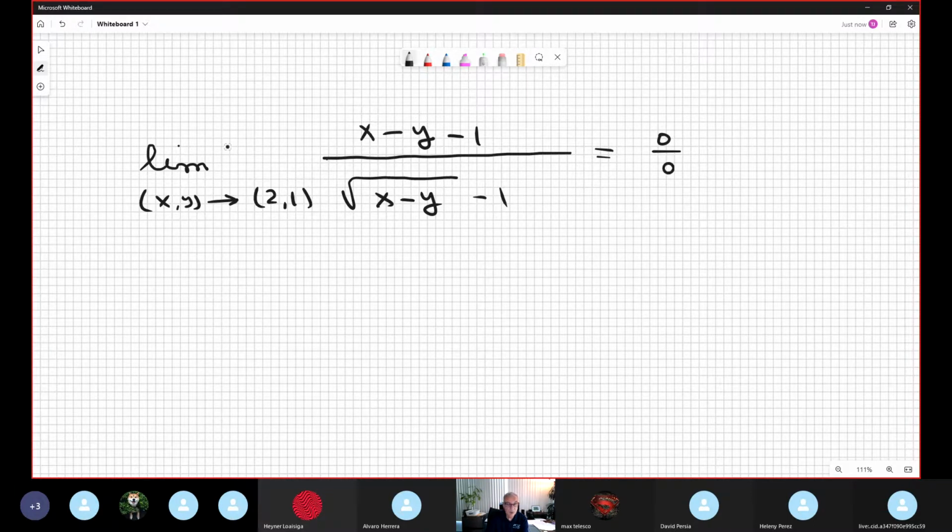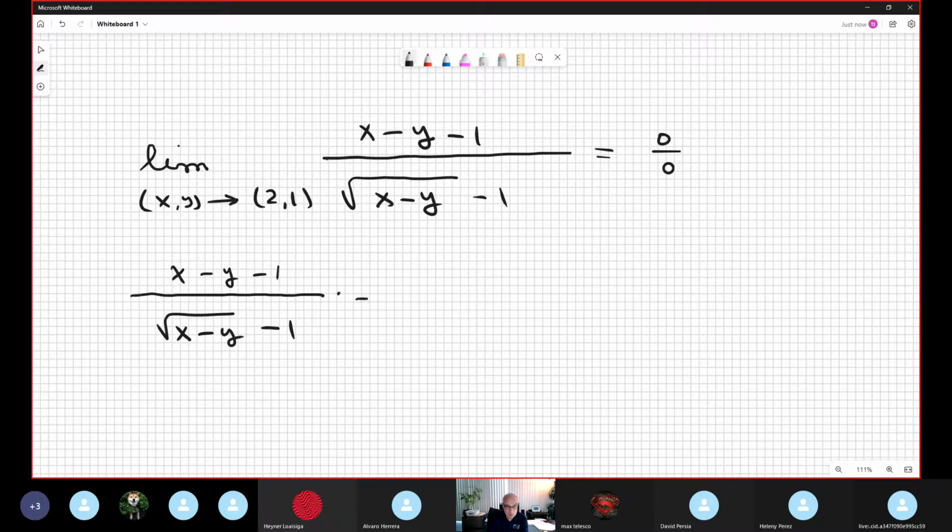Indeterminate. Okay, so I copy the expression here and you rationalize, exactly the same way I do in algebra. Rationalization is doing something in order to eliminate the radical.